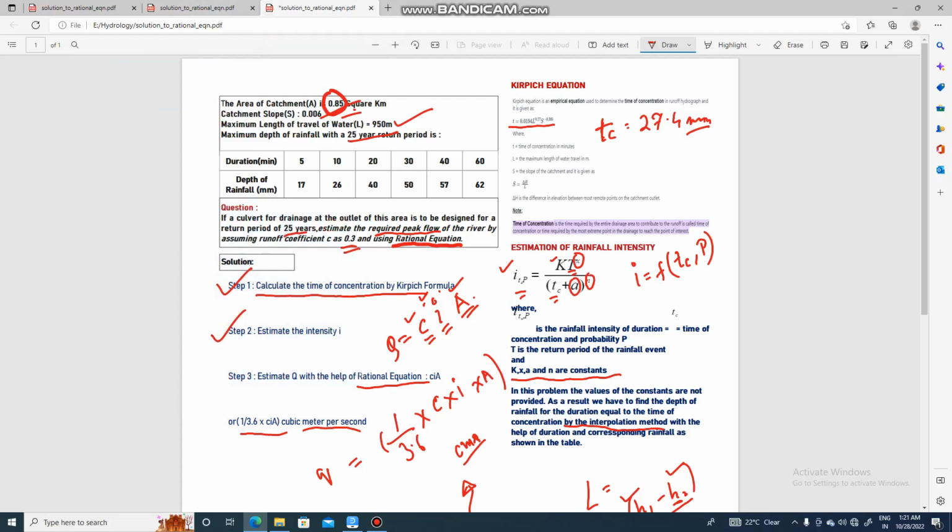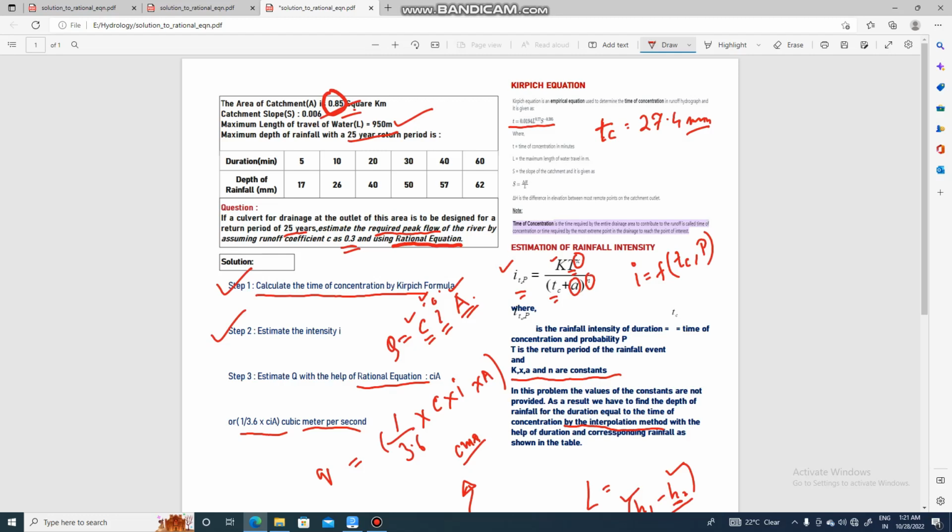So step 2 will start. In this case we have to find the rainfall intensity, but we do not have the k, x, a and n values of these four known constants. But we do have the value of Tc. We know the return period is 25.